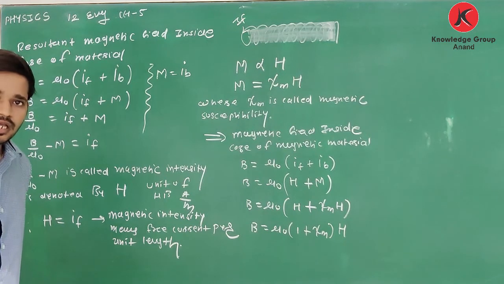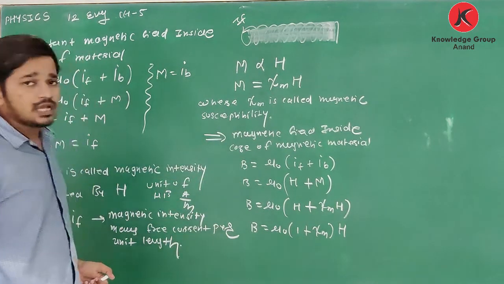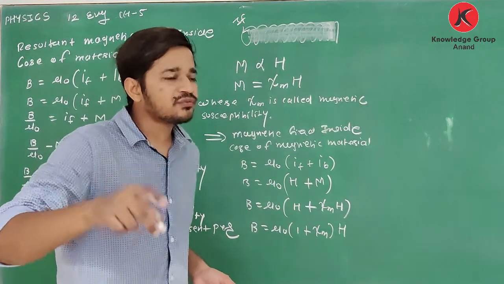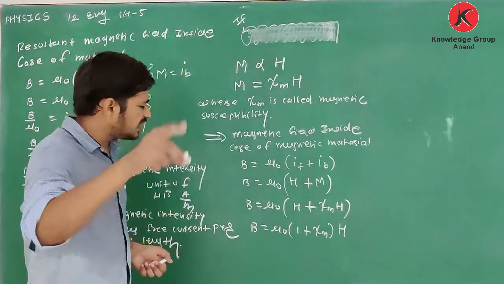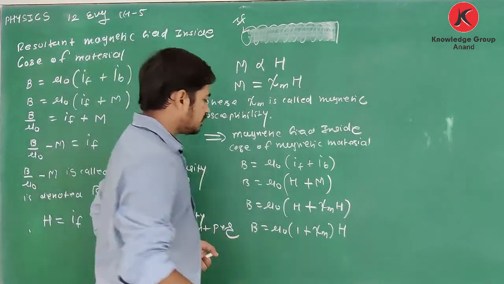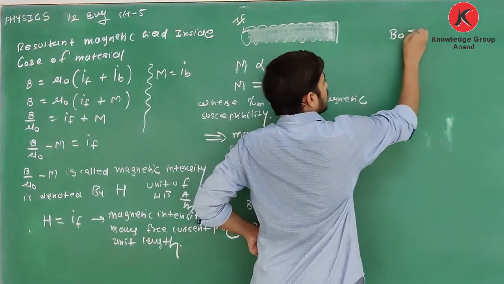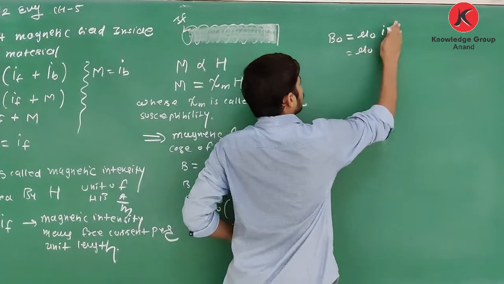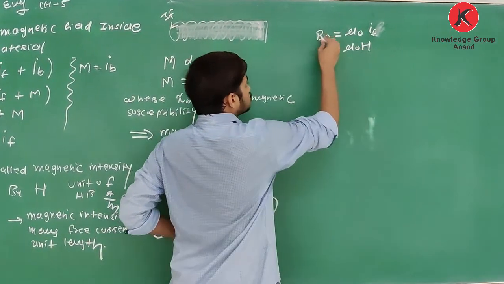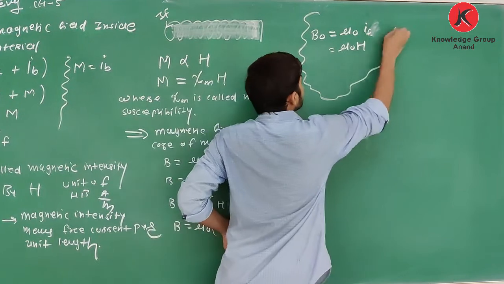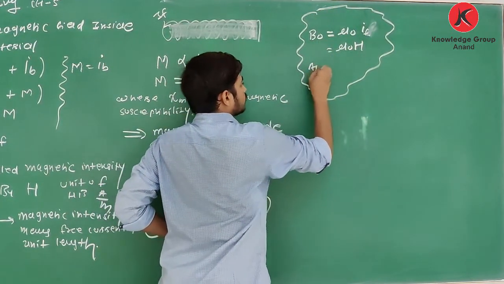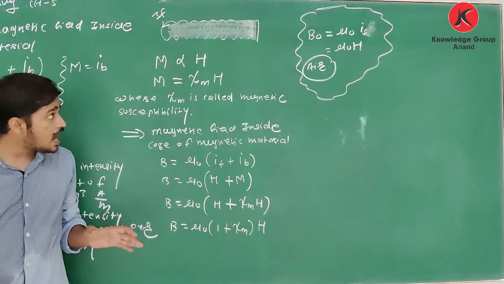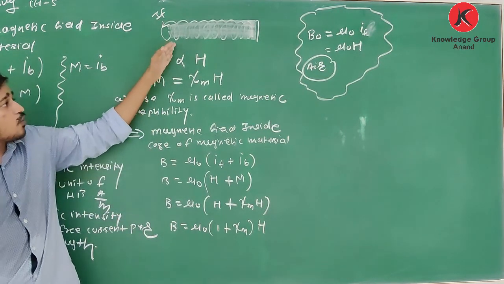Clear about this? Now remember one equation. Initially, when current is flowing in the solenoid and the medium inside the solenoid is only air, what is the equation of B0? Here I will write B0 is equal to mu 0 IF. So I can write it as mu 0 H. Yes or no? But this equation is when the medium inside the solenoid is air. Now, inside the solenoid, we have one magnetic material.